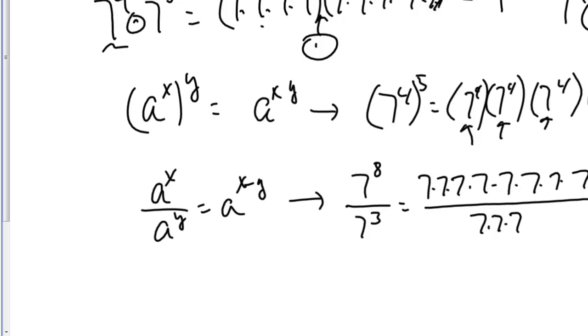And we know in terms of canceling fractions that we cancel common factors. We have a whole plethora of common factors going on here. This 7 and this 7 here is essentially subtracting out the 3 sevens, going like that. And so this would be 7 to the 8 minus 3, or 7 to the 5th.